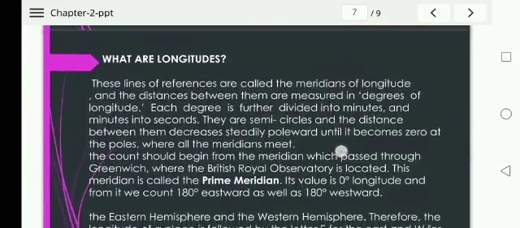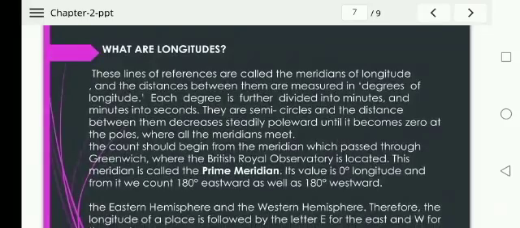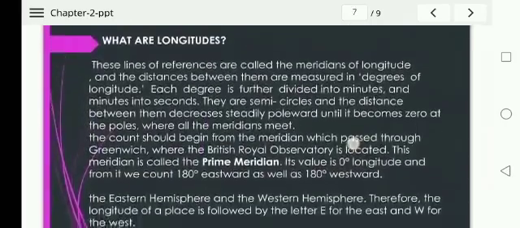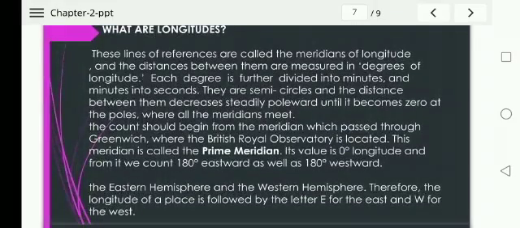Now, what are longitudes? Longitudes, as you can see in this image, are the semicircular lines. These lines of reference are called the meridians of longitude, and the distances between them are measured in degrees of longitude. Each degree is further divided into minutes and the minutes into seconds.